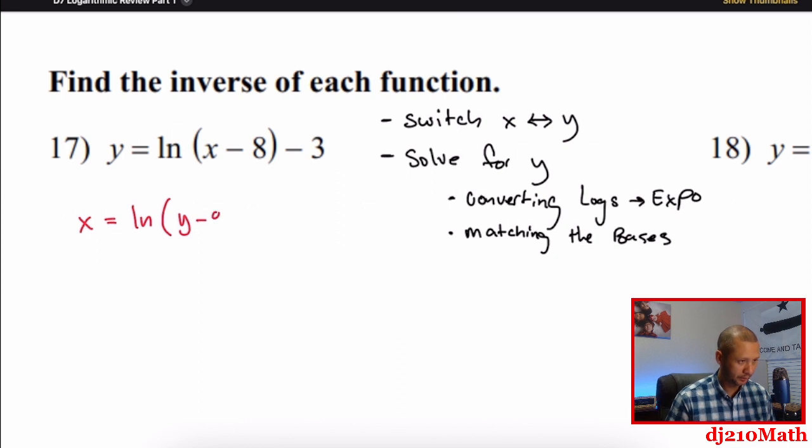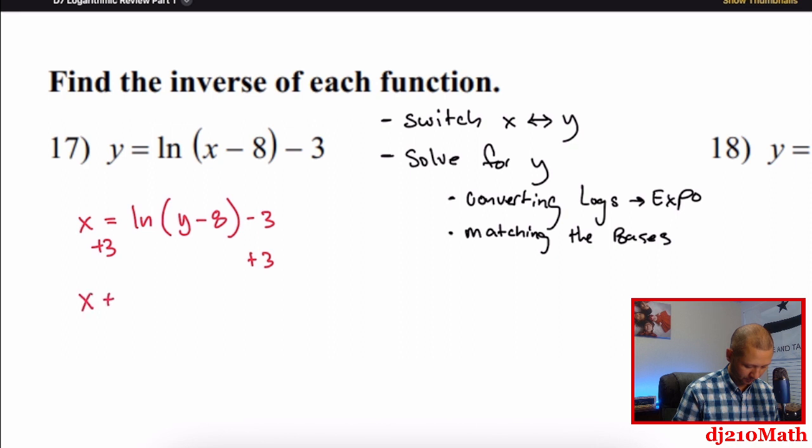So x and y are switched. And now we start solving for y. We're getting the log by itself. Okay, so we've gotten the log by itself. We want to get to the y.